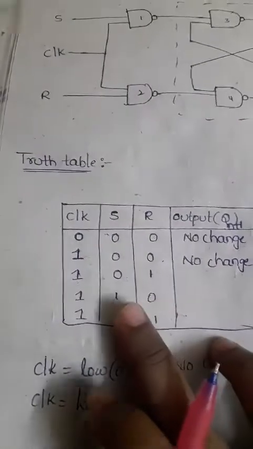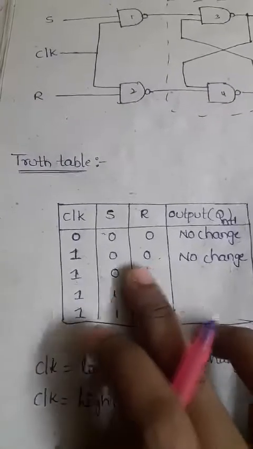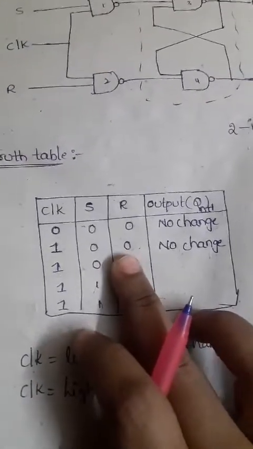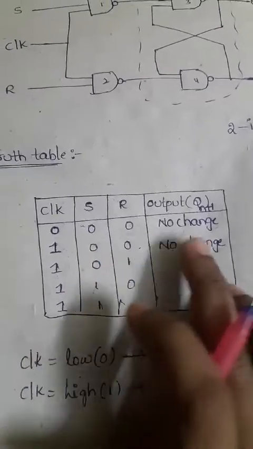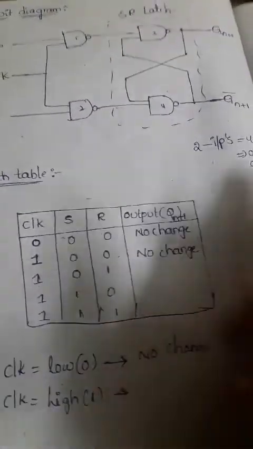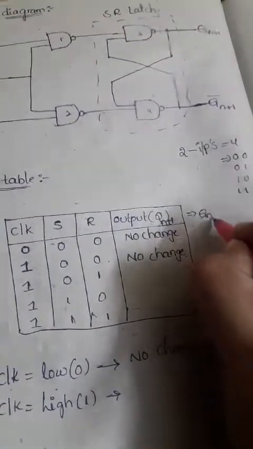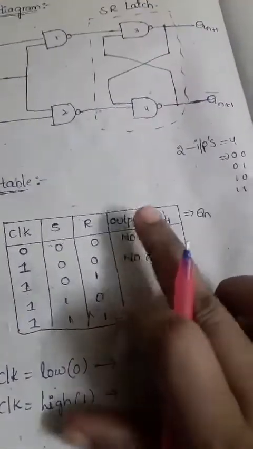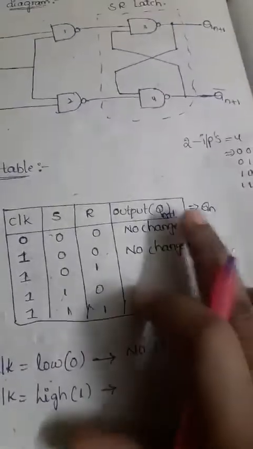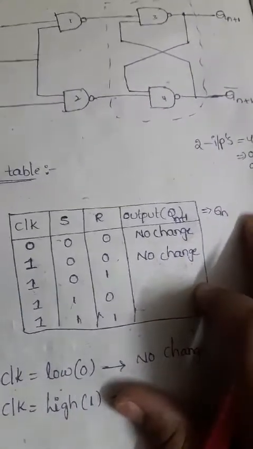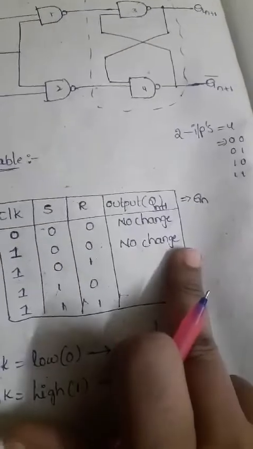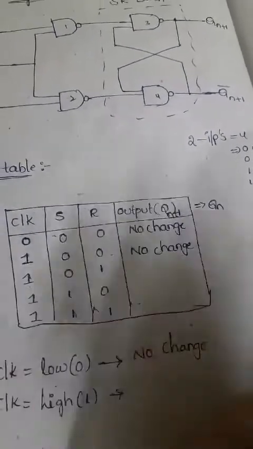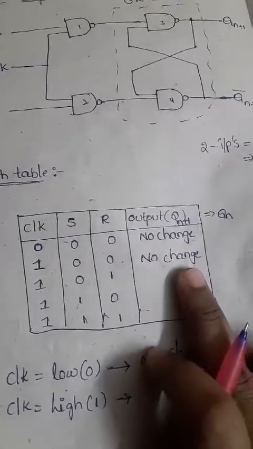There is no change in our previous state. The previous state is Qn, and the next state is Qn plus 1, so automatically we can say there is no change in our previous state. So we get the output as no change.